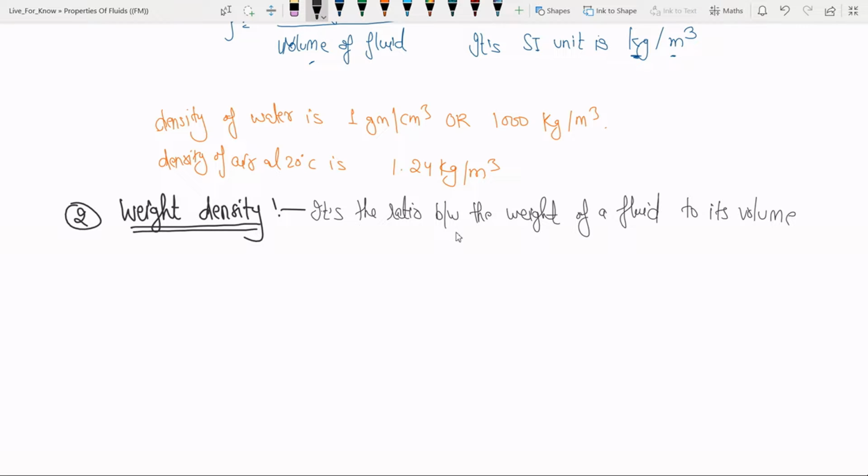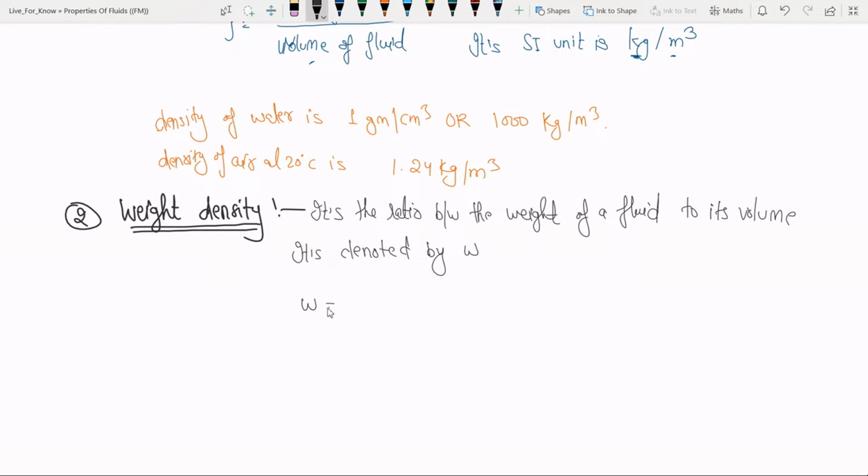By that definition we also get its formula. It is denoted by w.